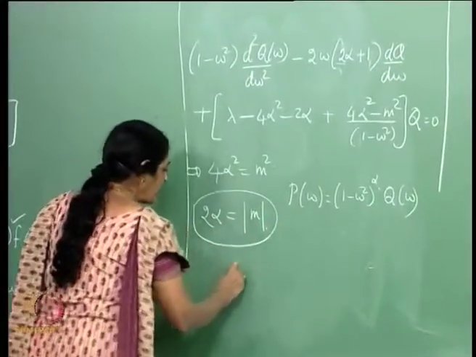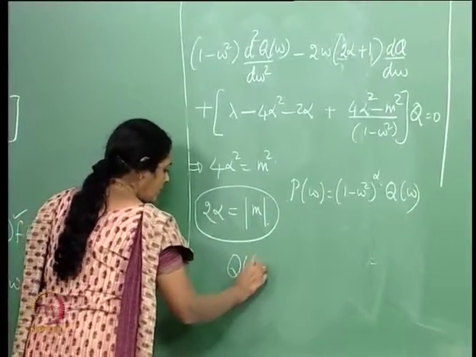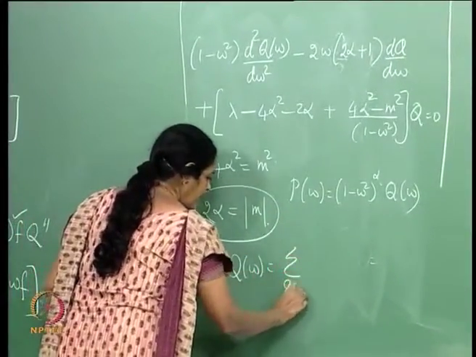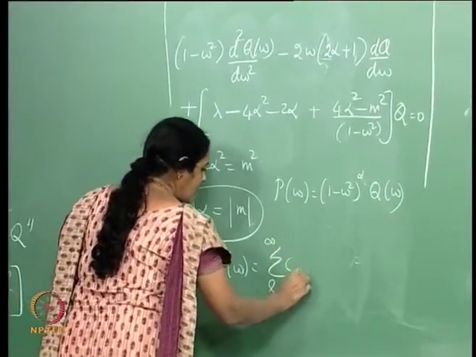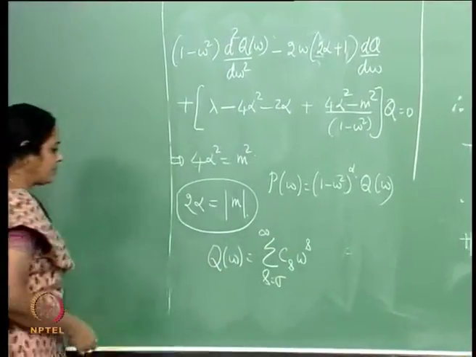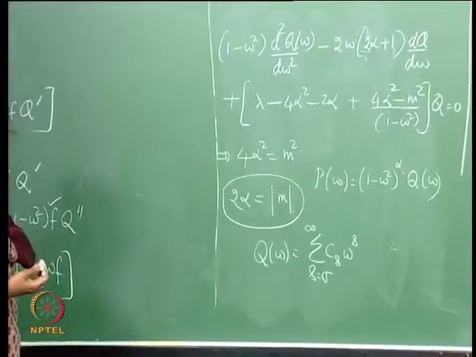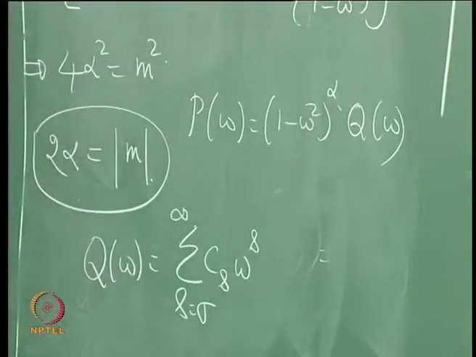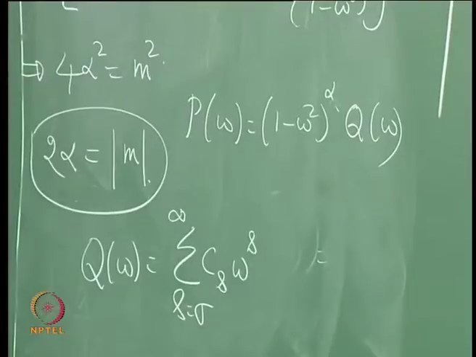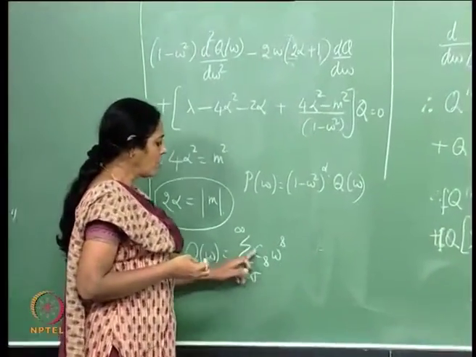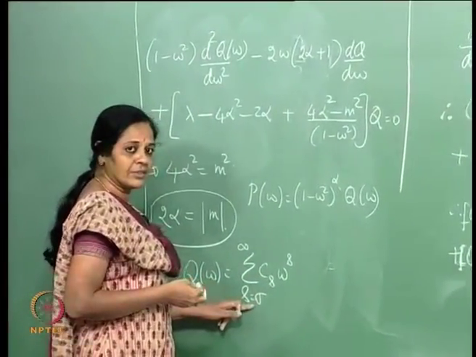So, here too we will now assume a series solution, the sum from sigma to infinity of Cs w to the s, where C sub s are the coefficients. As in the case of the harmonic oscillator, we have to find out what are the coefficients that survive.